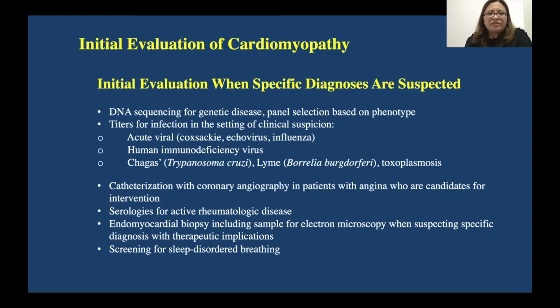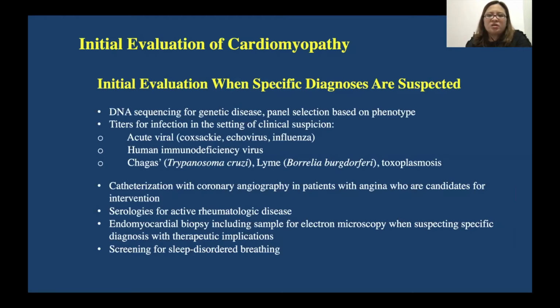If you are entertaining a possible infectious cause, you need to request for titers for infection, including for acute viral infection, secondary to Coxsackie, echovirus, or influenza. You need to also check for HIV or for other infectious causes such as Chagas disease, Lyme's disease, and toxoplasmosis.